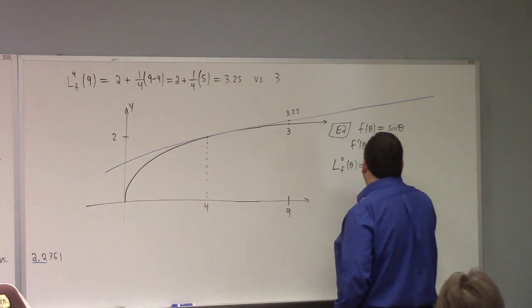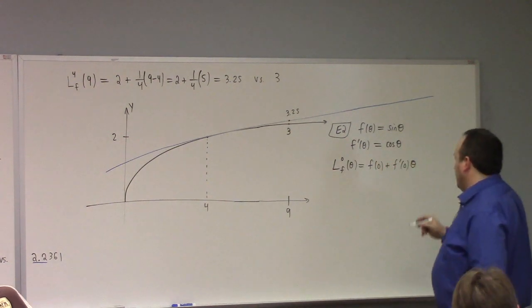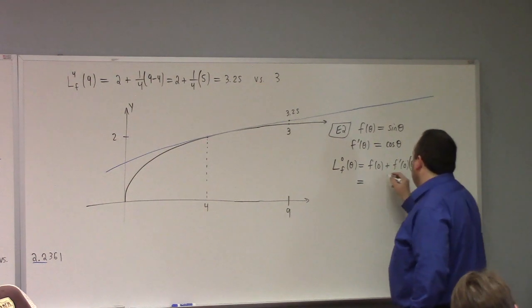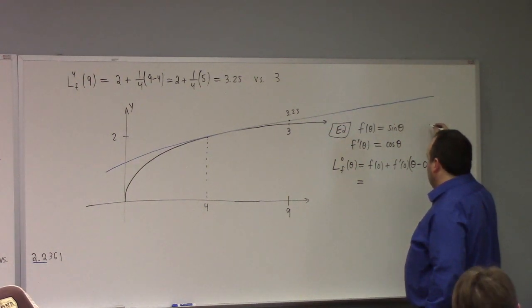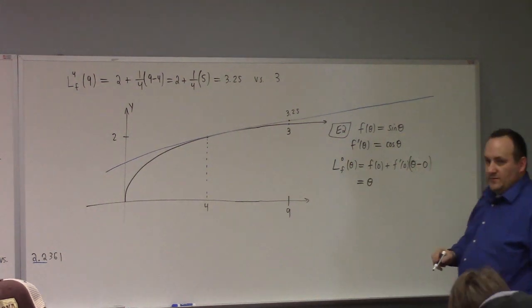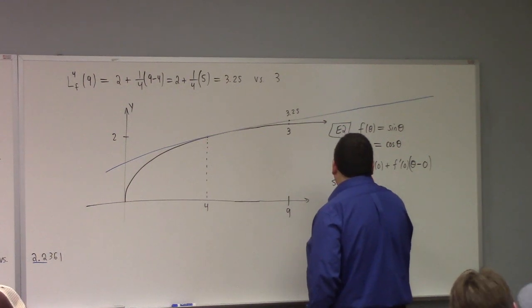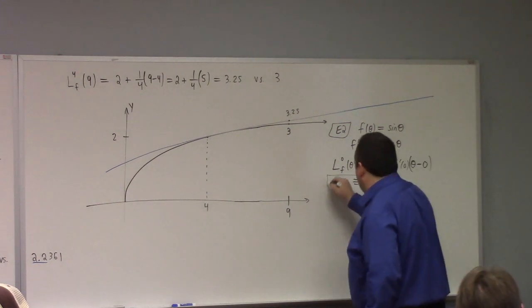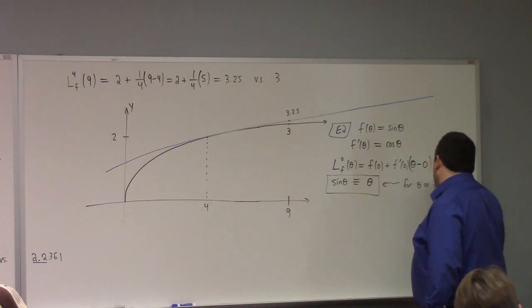It would be f of 0 plus f prime of 0 times theta minus 0, right? But what is that formula actually? Well, sine of 0 is 0, cosine of 0 is 1. So this just becomes theta. So the linearization formula essentially becomes just sine of theta is approximately theta. So this is what the linearization tells us. This is good for theta close enough to 0.